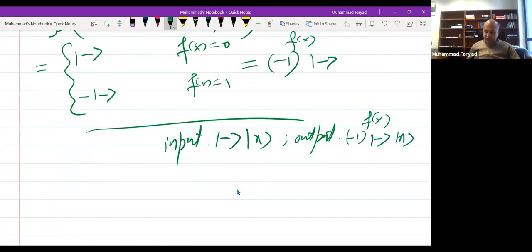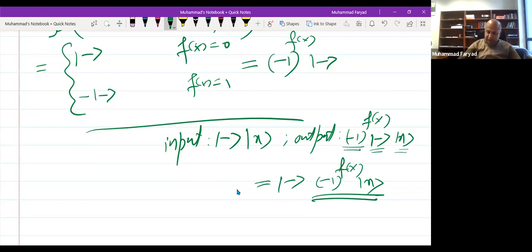And since this is just a constant multiplier, you can think of it with either this state or with this state. This is equivalent to thinking of it as minus 1 power f of x into x.